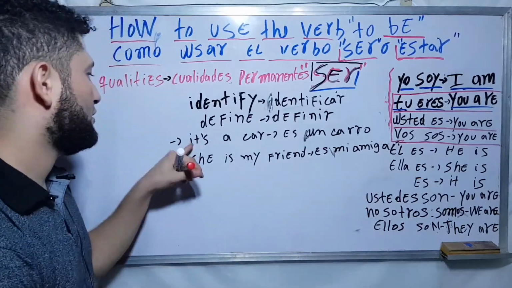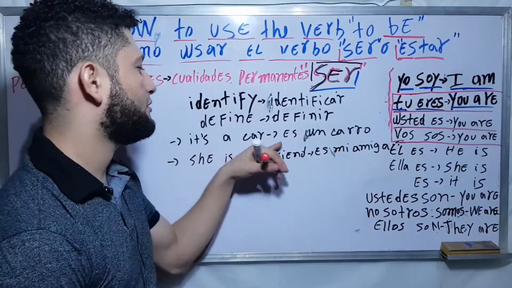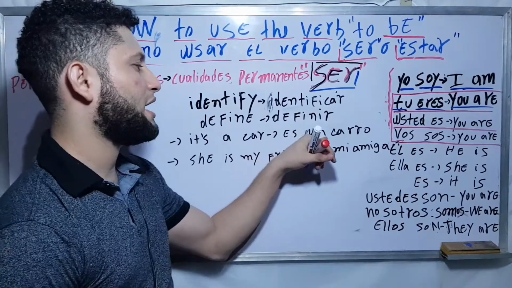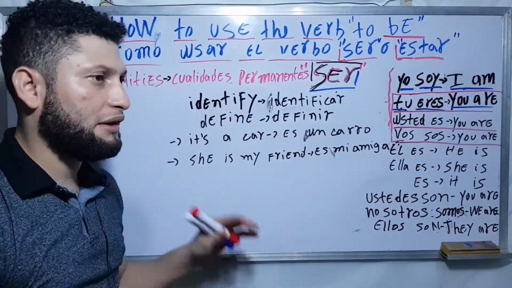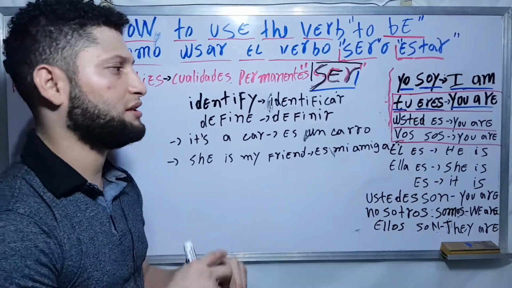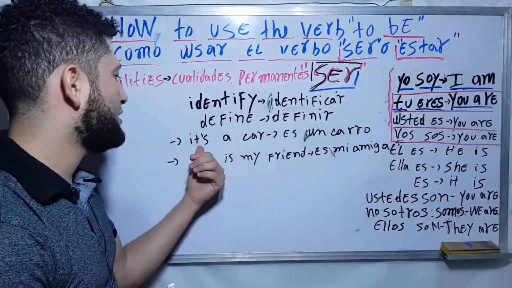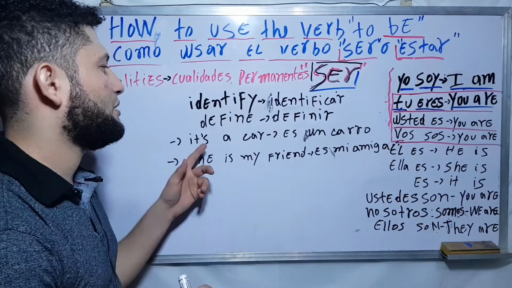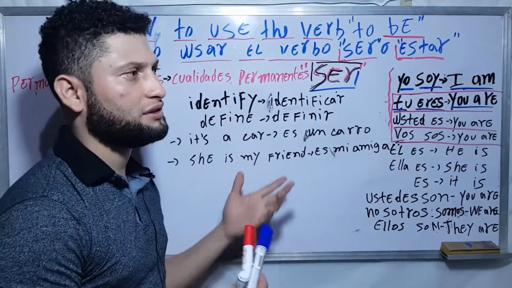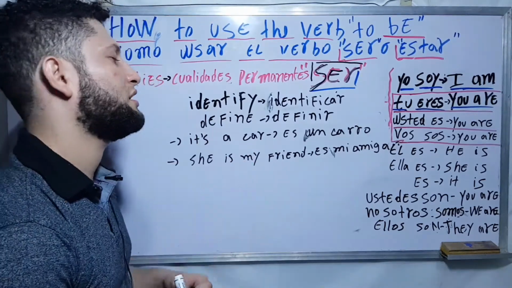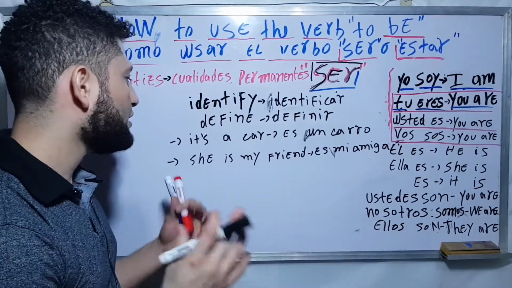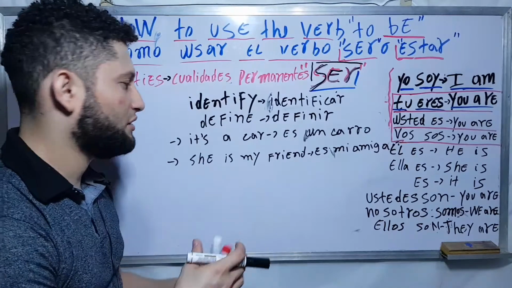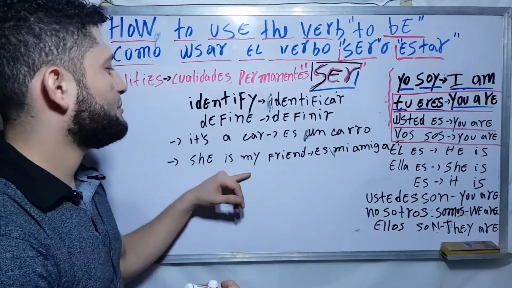Then you can say it's a car, es un carro. As you see, apparently there are two subjects, because you say it's, and we are speaking about the car. As I said previously, it's just support in order to say something. Okay, now, she is my friend.